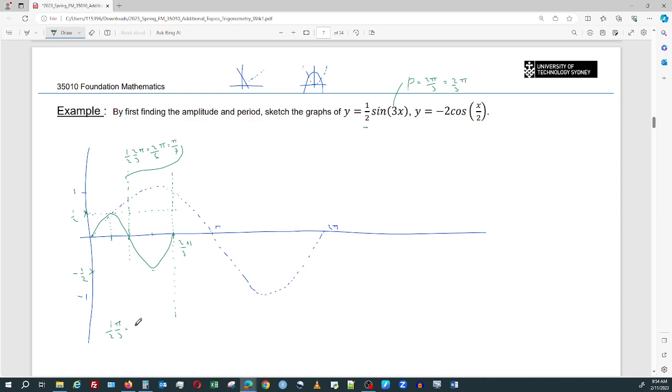Half pi on 3 will be pi on 6. Okay, pi on 6. So if you do those things there, what you'll find is that these values will make a lot of sense. Now we can check that with our technology. We love doing that. Okay, so let's do that with levels.